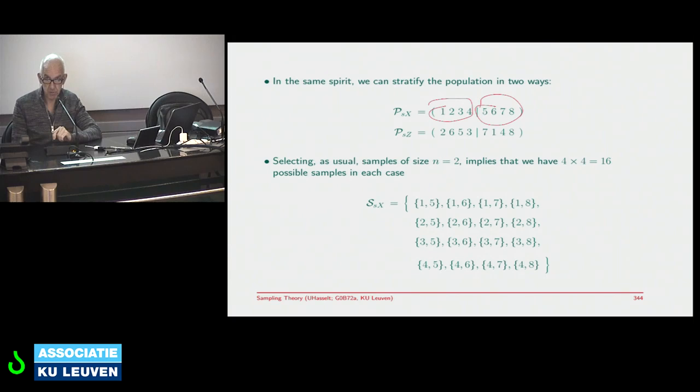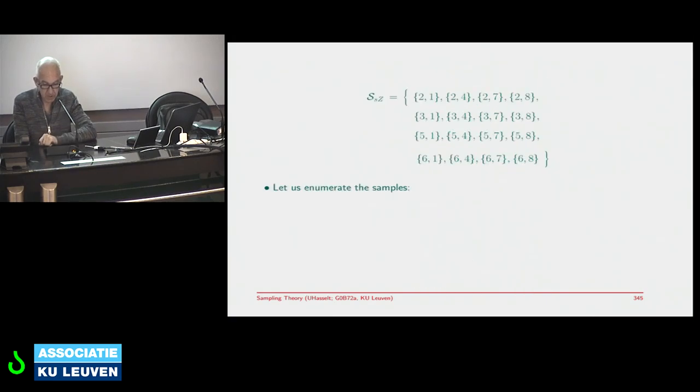There are 16 possibilities, right? Because of 4 units, you take 1, 4 possibilities. 4 possibilities also on the right-hand side, 4 times 4 is equal to 16. And the same with the other one. So here they are. These are the 16 that are possible for X, and these are the 16 that are possible for Z.